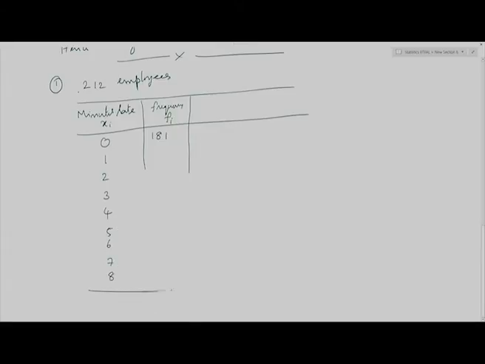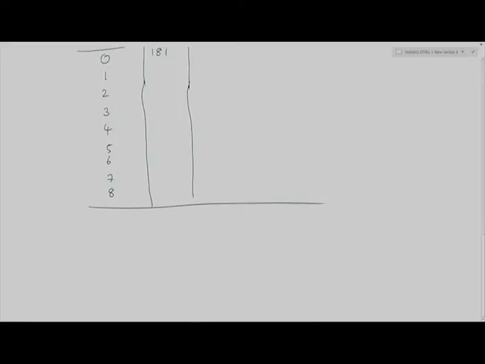So this is the data I have, and correspondingly we have this number of employees. 1 minute late, number of employees 13, 6, 4, 3, 2, 1, 1 and 1.